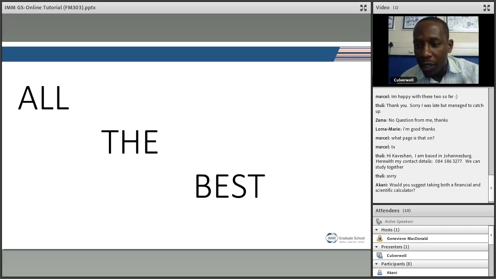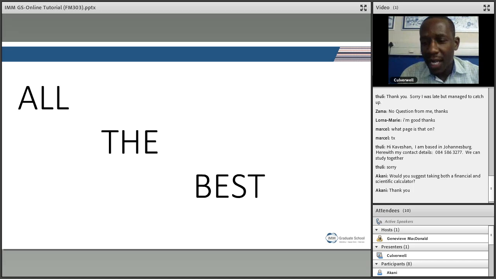Get in there with two of your calculators. Question number 5 on your terminal value will be the only question where I'll personally use the financial calculator, because you need to calculate NPV. Any other calculation I'll just use the scientific one because of the issues of rounding figures off. And pay attention to the instructions pertaining to rounding figures off as well.